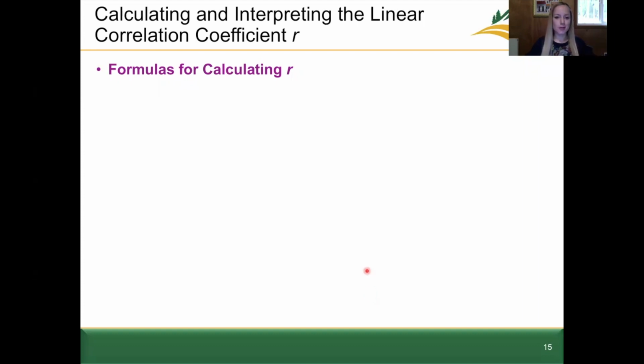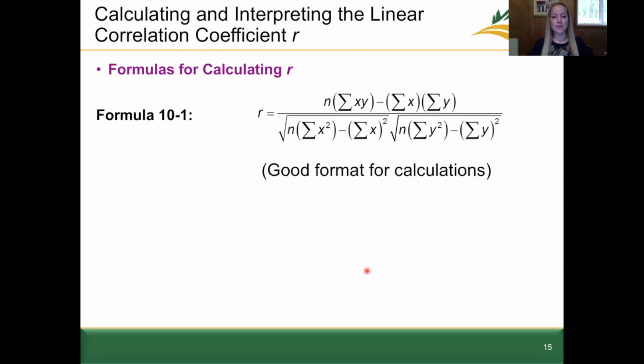Now, I mentioned there's a somewhat straightforward approach to calculating our value for R in Excel. There's also formulas we can use to calculate R. We'll break down this formula and also practice using it. So let me show you what it is. For formula 10.1, it looks like this. It looks complex, but when we break this down, we see that we only need a value for n, the number of paired sample data.